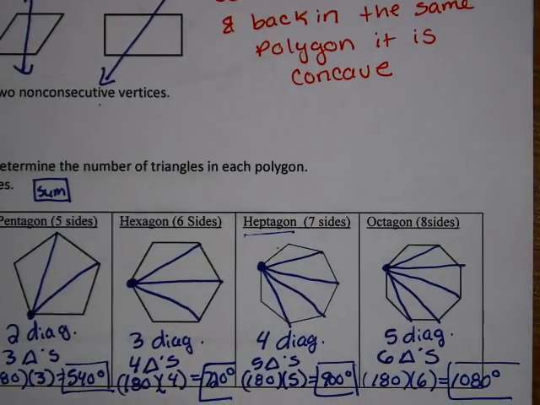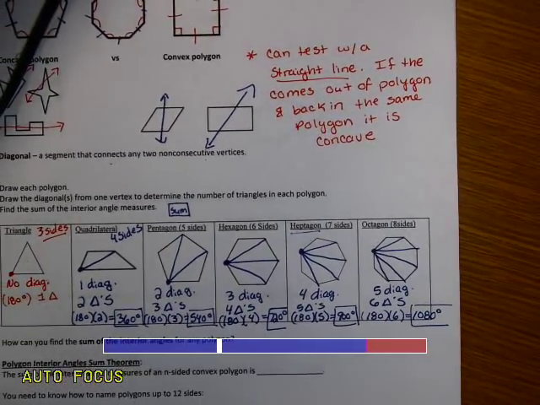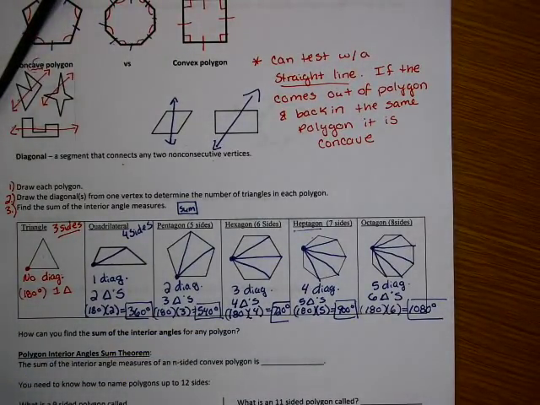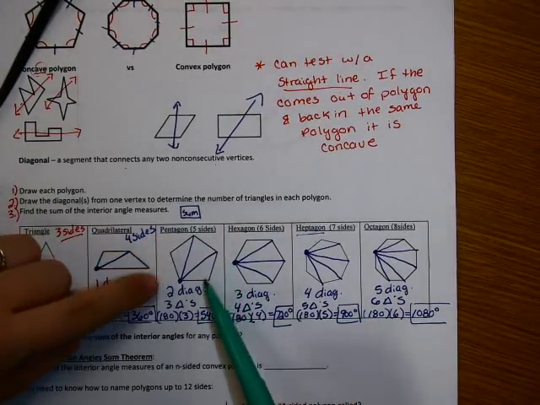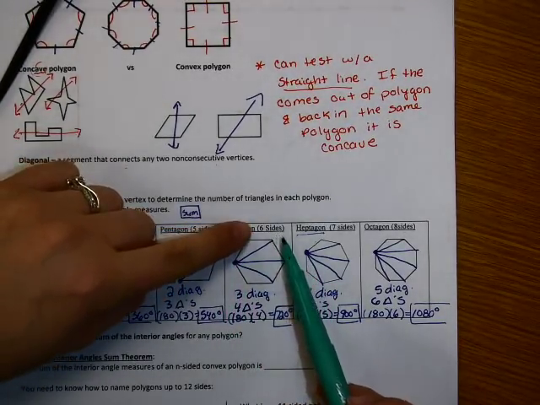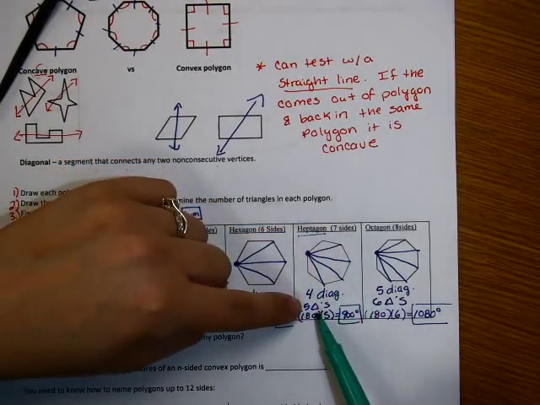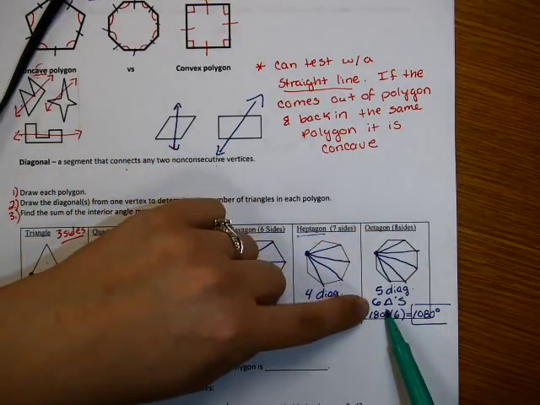Okay. Now what's consistent between all of these polygons has something to do with their sides and the number of triangles. Okay, so 3 sides, 1 triangle, 4 sides, 2 triangles, 5 sides, 3 triangles, 6 sides, 4 triangles, 7 sides, 5 triangles, 8 sides, 6 triangles.